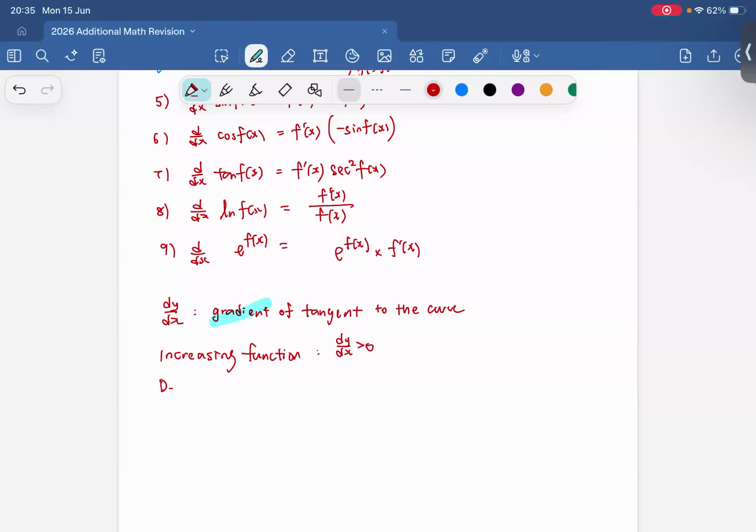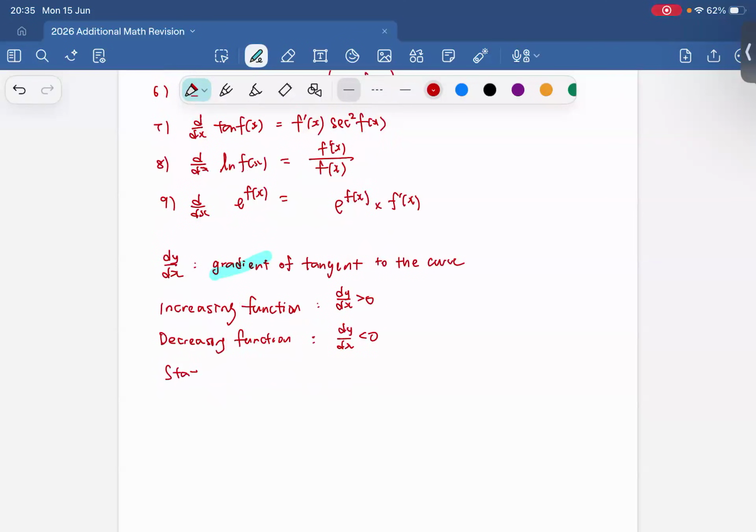When the question says decreasing function, it means dy/dx is less than 0. If the question says stationary point, turning point, maximum point, minimum point, all this stands for dy/dx equals 0.